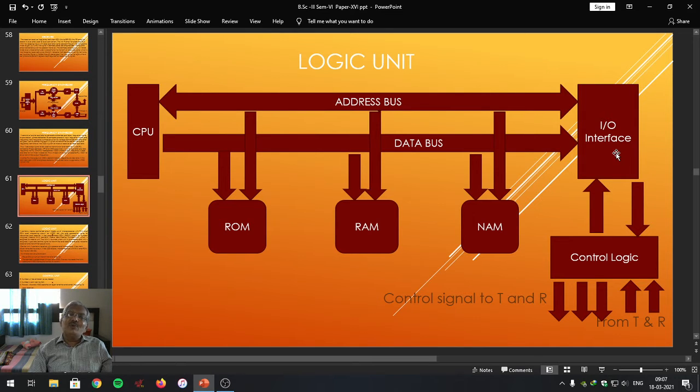All those devices are going to act as the input and output devices. From these respective devices to perform the communication, to transfer the data and also address locations, the data bus and address bus is being used. You are well aware that address bus is bidirectional, where data bus is unidirectional.